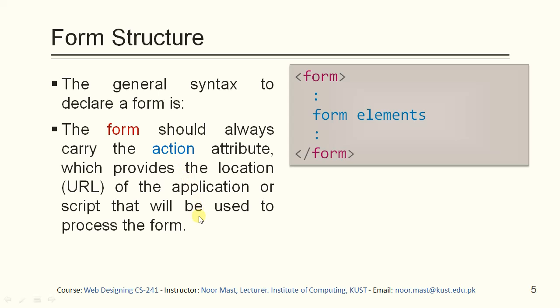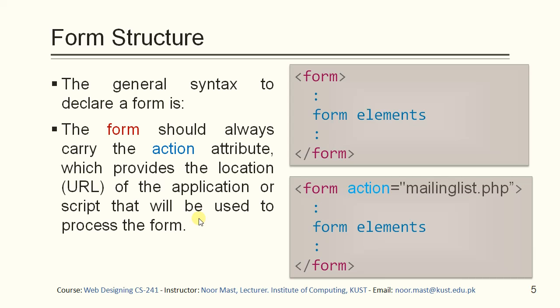If we include the action attribute as well, then the general syntax to declare a form will be: here for the action attribute, the value is mailinglist.php. It means that after submitting the form to the server, this script will be used to process the form.